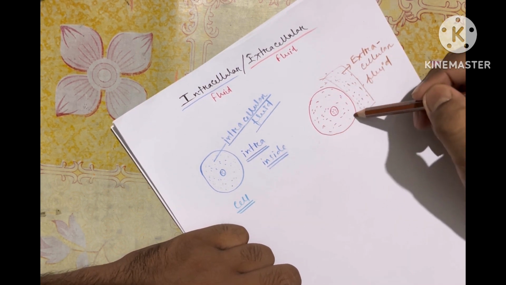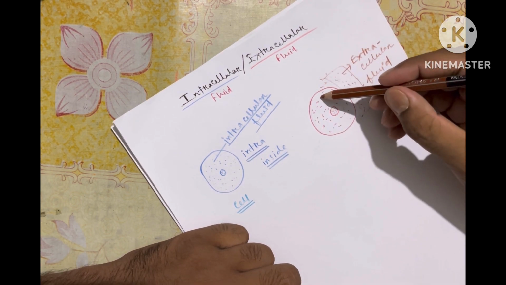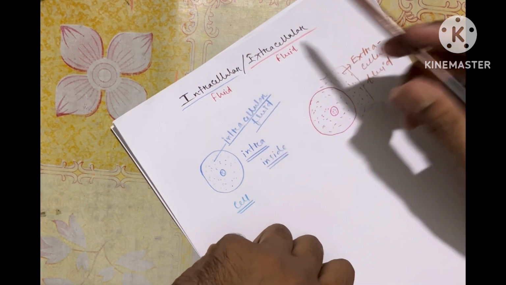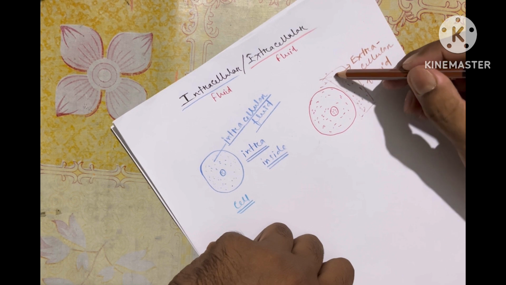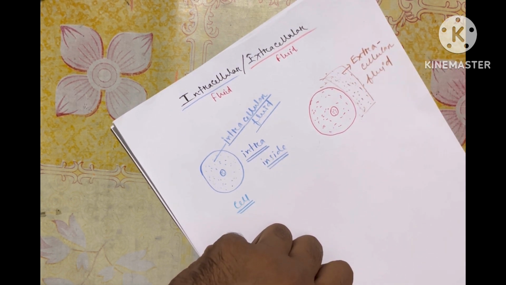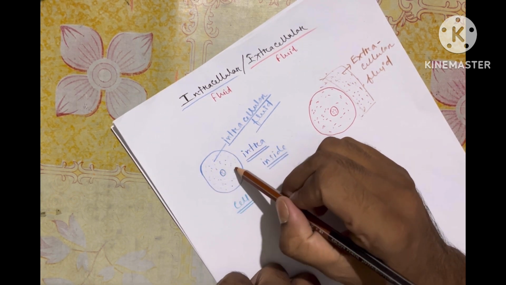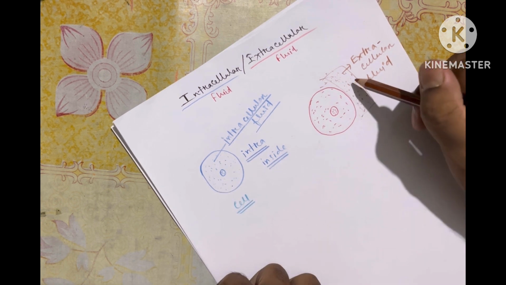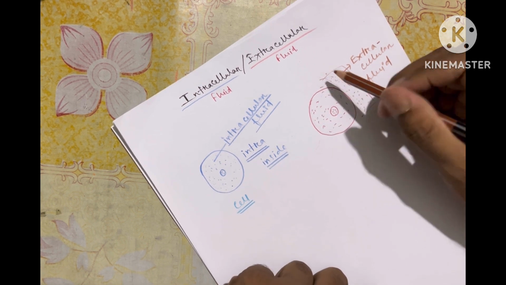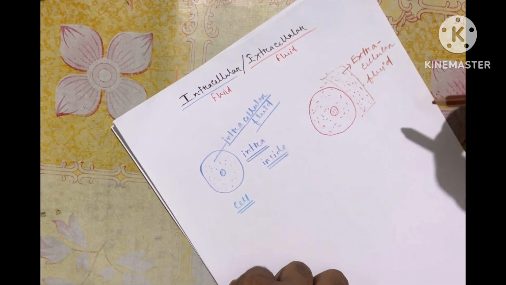This is a cell. This is the cell membrane. So it is a closed environment. So inside the closed environment, fluid is present, and that fluid is called intracellular fluid. Then outside the cell, fluid is also present. That part of fluid is called extracellular fluid. So intracellular fluid means fluids that are present inside the cell membrane. Extracellular fluid means fluids that are present outside the cell or outside the cell membrane, because the cell membrane is a boundary, it's a covering of our cell.